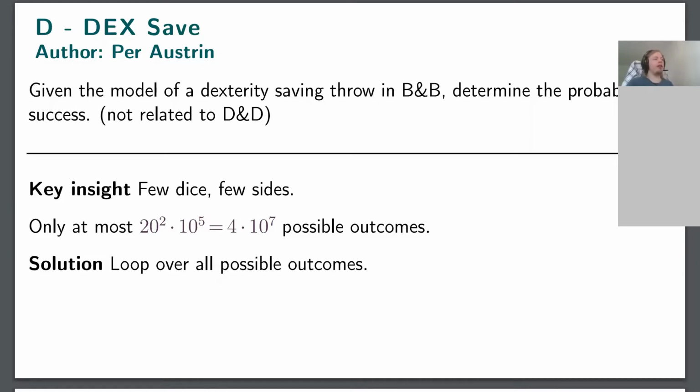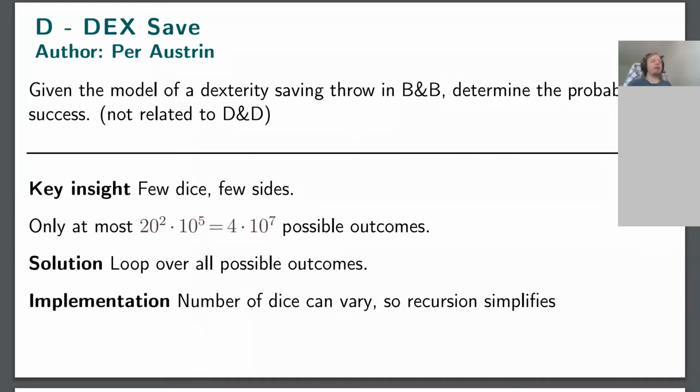Some details about the implementation: because the number of dice can vary, we can't just do nested for loops straight up, so using some kind of recursion usually helps here.